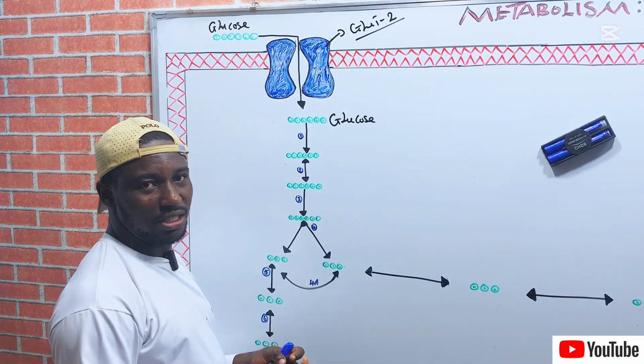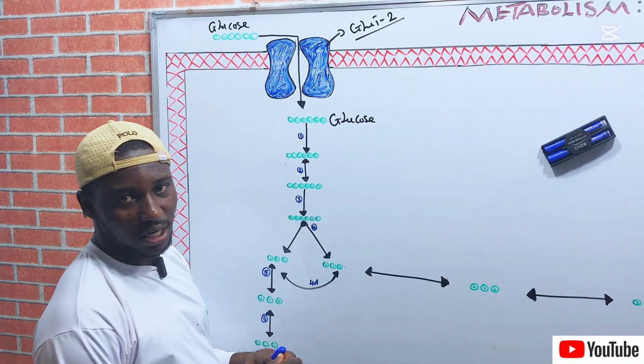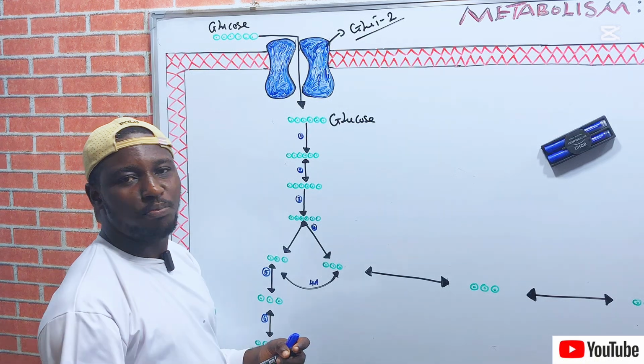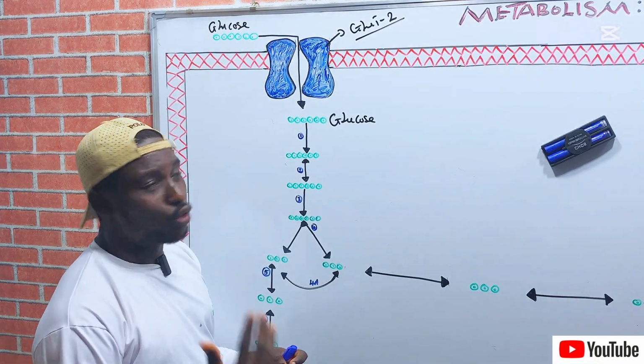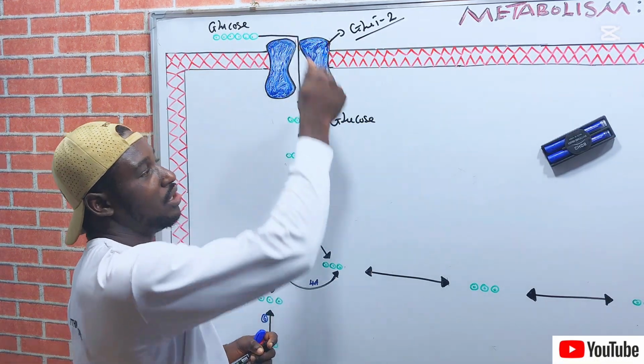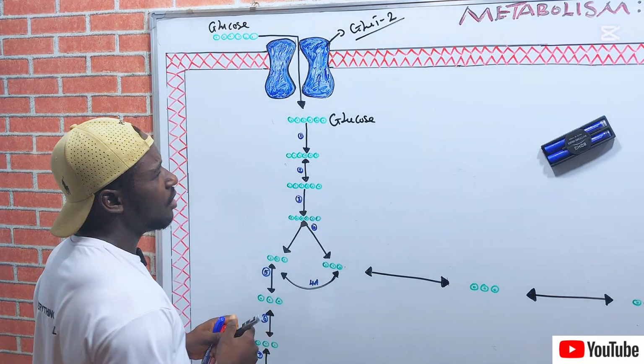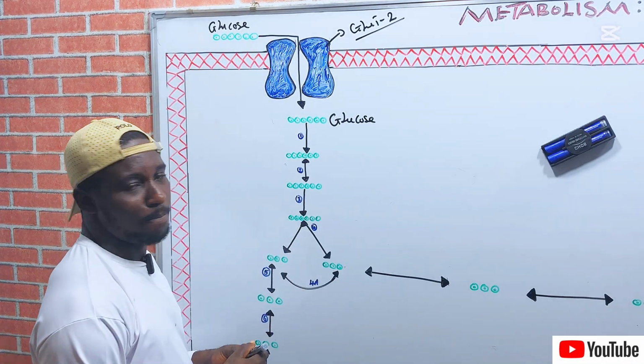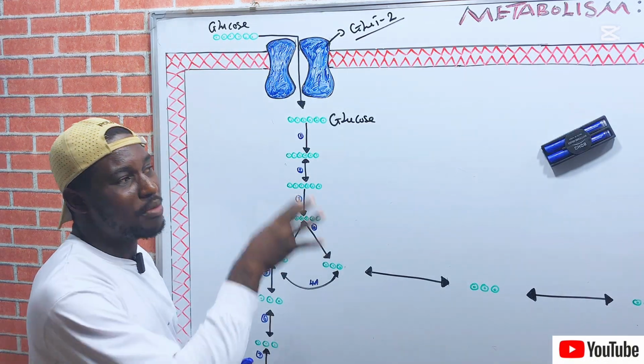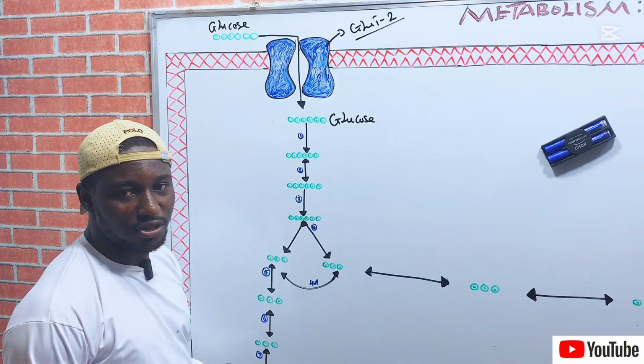They are membrane proteins because they are found on the cell membrane. Now, glucose has been transported into the cytoplasm of the liver hepatocyte.